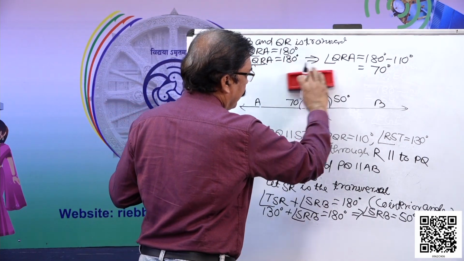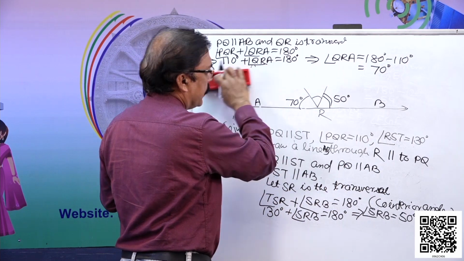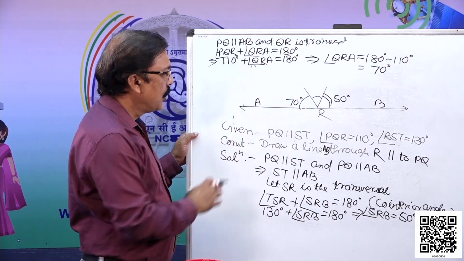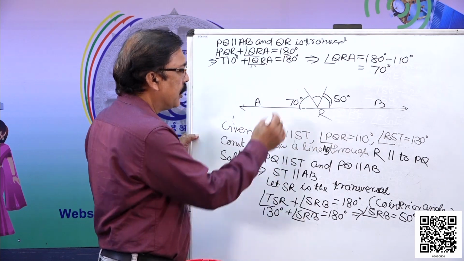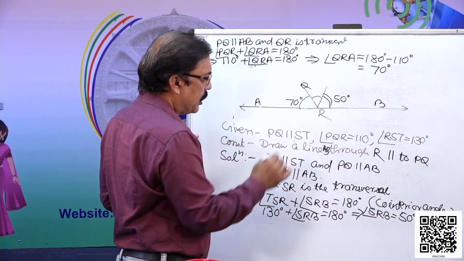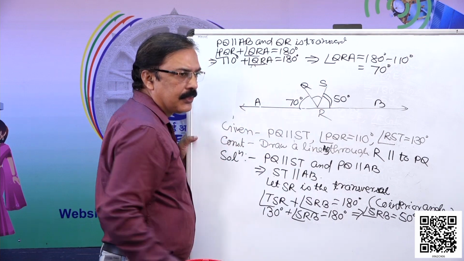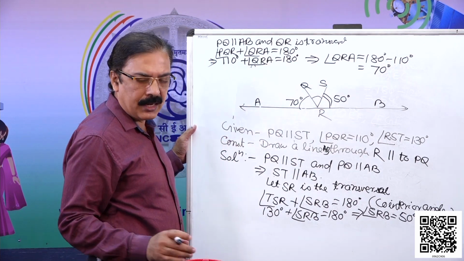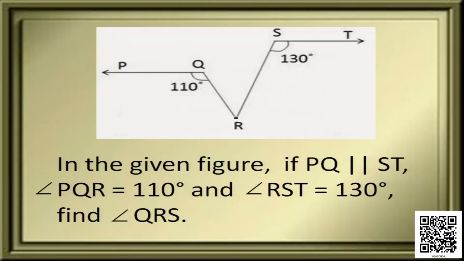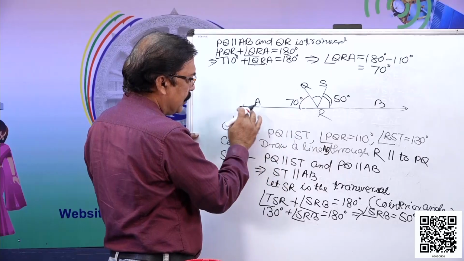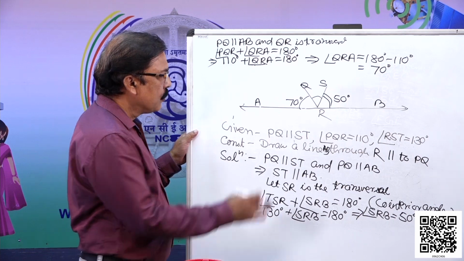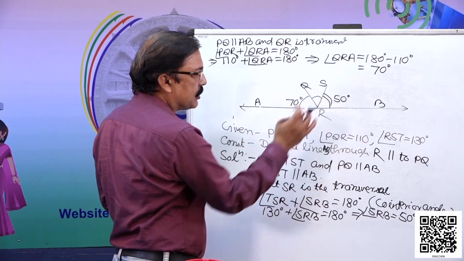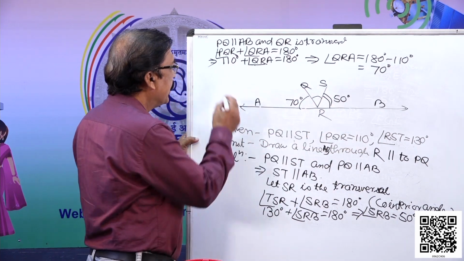So in this figure we have here 70 degree and this is 50 degree, where Q is somewhere here and S is somewhere here. Now see, at R, as ARB is a straight angle, the sum of these three angles will be 180 degree.